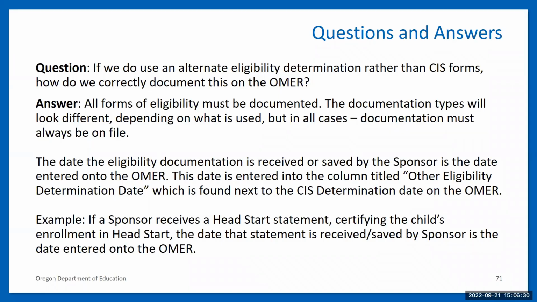This date is entered into the column titled Other Eligibility Determination Date, which is found next to the CIS determination date column. For example, if the sponsor receives a Head Start statement that certifies the child is enrolled in Head Start, the date that the statement is received and saved is the date that is entered onto the OMER. If you have any additional questions about specific eligibility documentation, please contact your assigned child nutrition specialist.